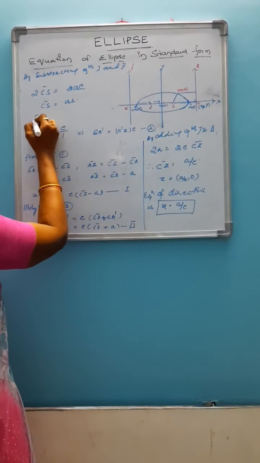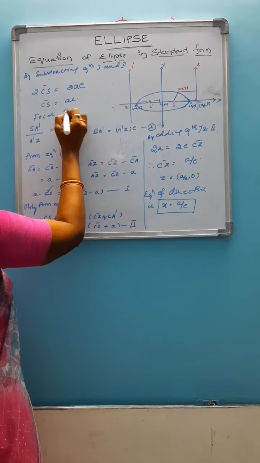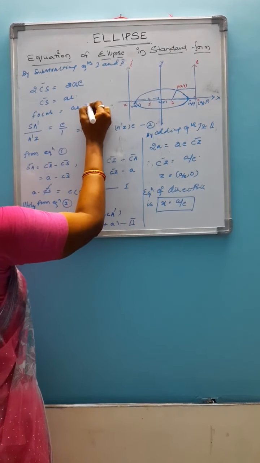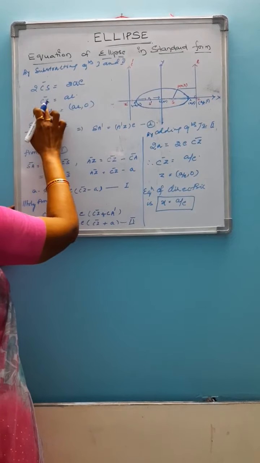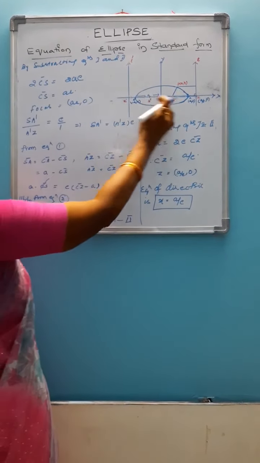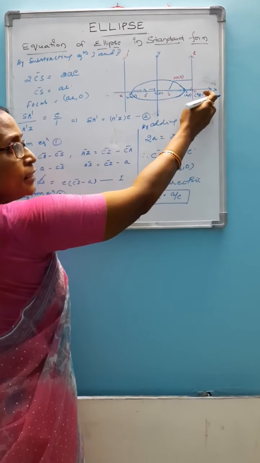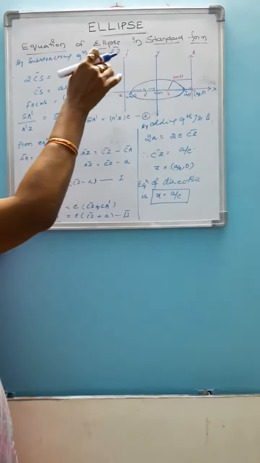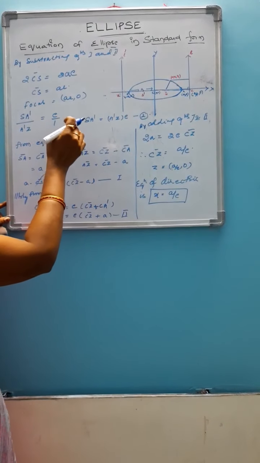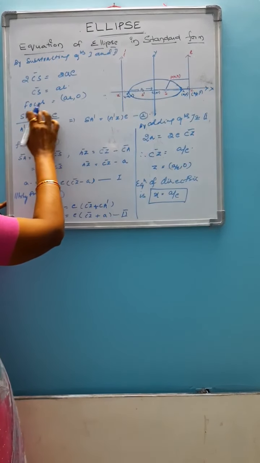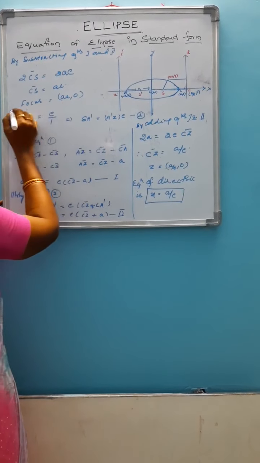So, the coordinates of the focus are AE, 0, where C is the center and the focus lies on the x-axis. That is already what we said first. So, the coordinates of the focus are AE, 0.